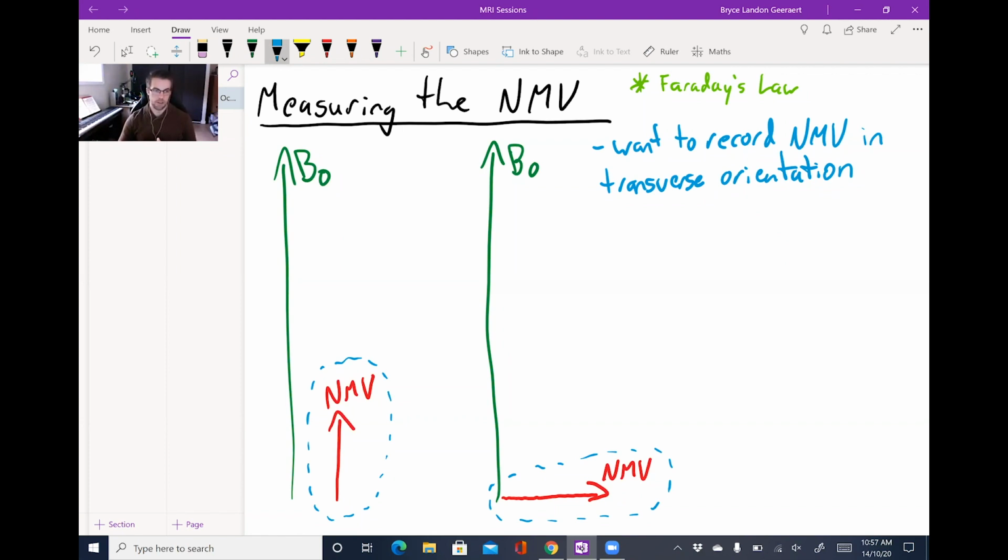The B0 field is still present, but it's not affecting our measurements because it's oriented in a different direction and doesn't really influence stuff in the transverse orientation at all. So that'd be the difference between talking to your friend at that concert versus reading a text. One is much easier to understand because it's not being interfered with by the background noise. So hopefully that makes sense.